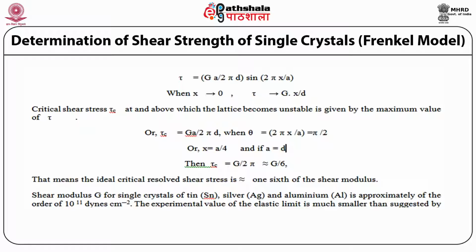The shear modulus G for single crystals of tin, whose chemical formula is Sn, silver, which is chemically represented as Ag, and aluminium, Al, is approximately of the order of 10 raised to power 11 dynes per square centimeter. The experimental value of the elastic limit is much smaller than suggested by the Frankel model.